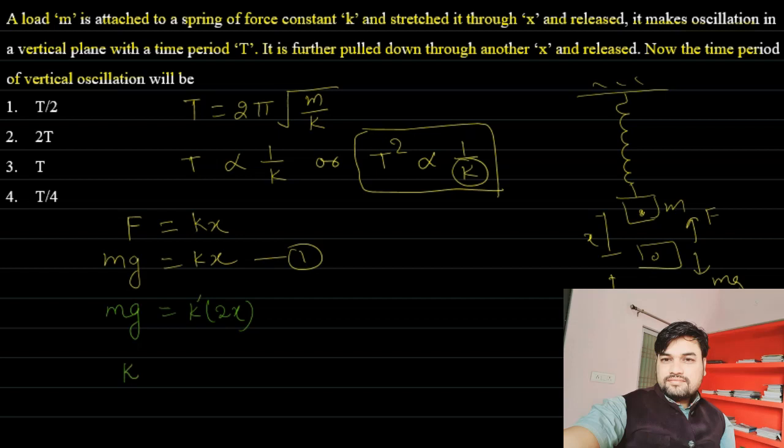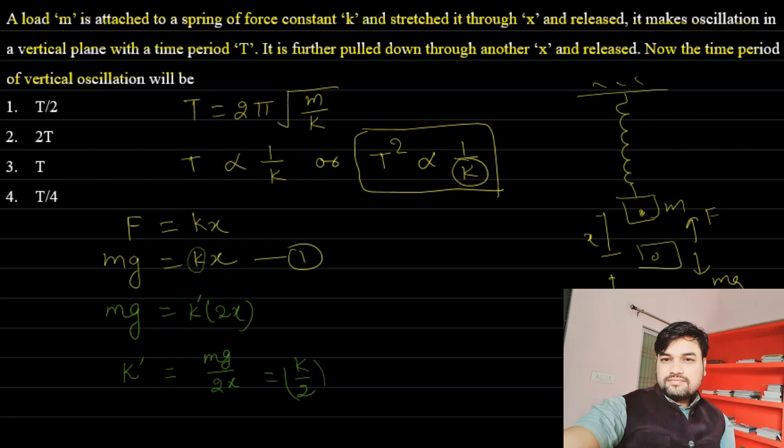So k dash will be mg by 2x, and here k equals to mg by x. So mg by x is k. So k dash will be k by 2.